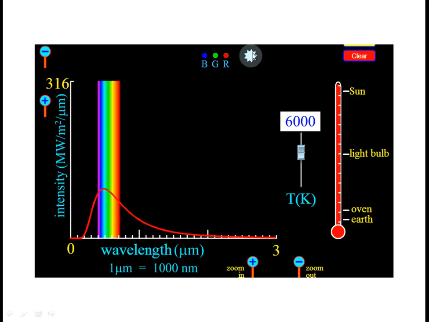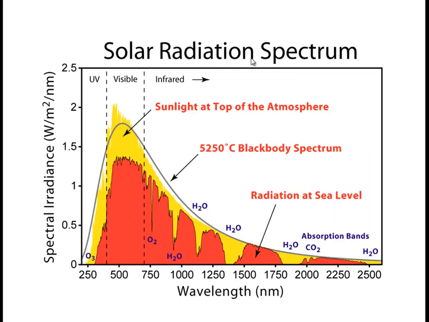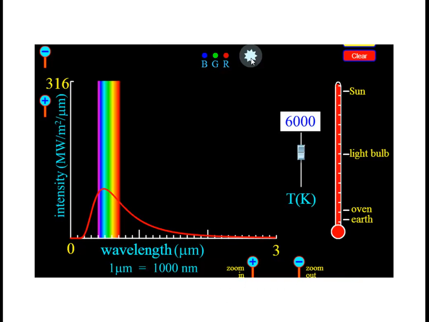If we keep going, you can see the peak is getting into the blue part. When things get really hot, they go from white to taking on a bit of a bluish tint. That's kind of interesting. I want you to have a bit of a feel for the intensity curve with respect to wavelength and temperature.